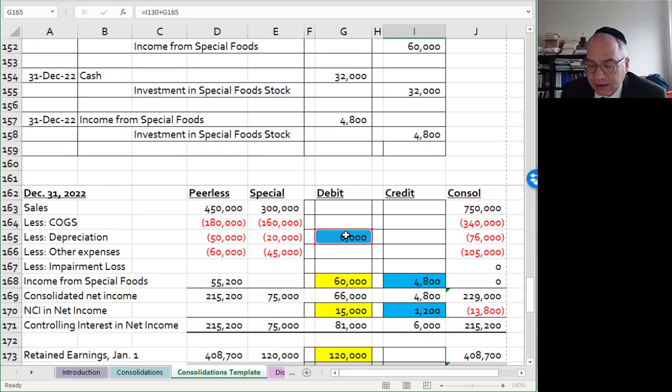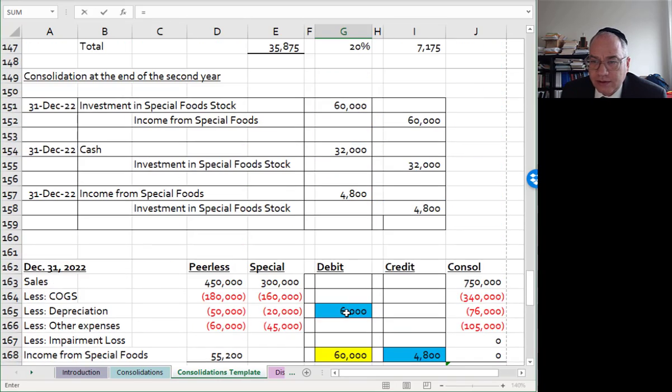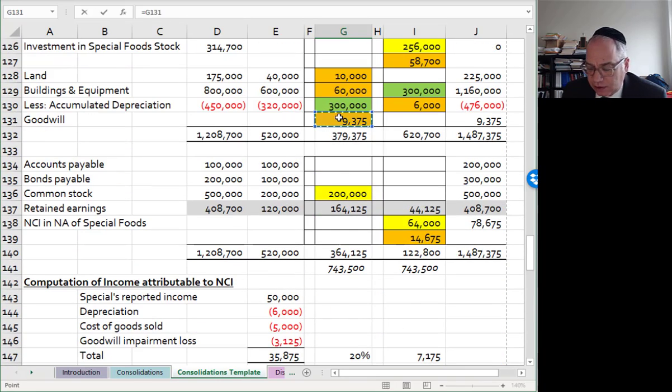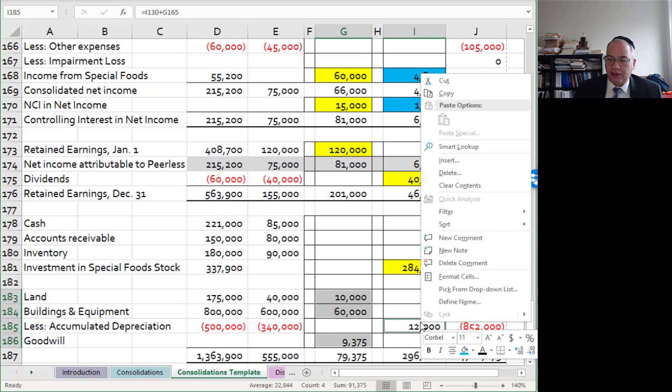And goodwill is going to be whatever it was last year because that took into account the impairment. So these are all the various items that we're going to be adjusting on the balance sheet.